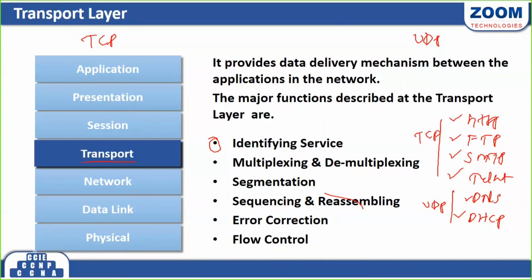In every segment there is a sequence number, that is sequencing. Based upon the sequence number, you can rearrange it for proper communication. We call this reassembling. If any data packet has an error, it will be corrected by error correction, and flow control. These are all the responsibilities of the transport layer.